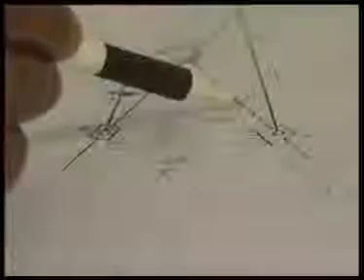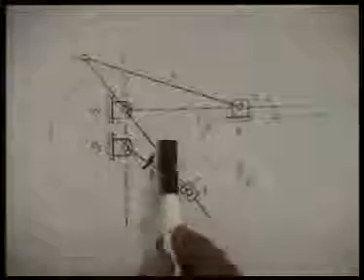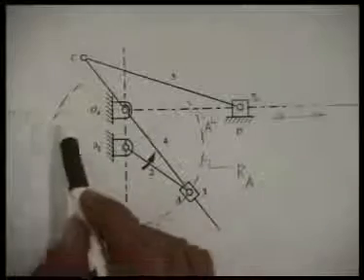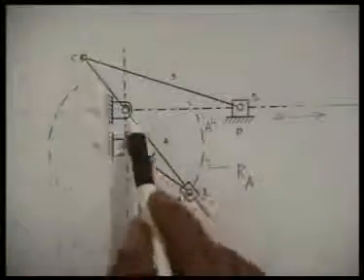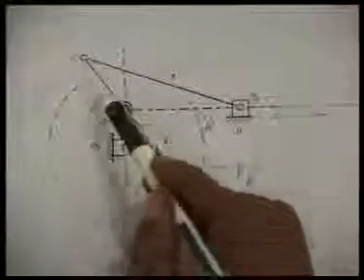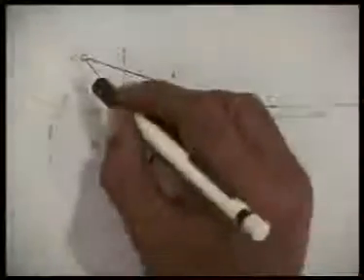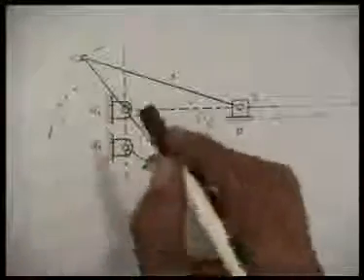Corresponding to this position of A, since A, O4 and C are always on one line, C will also be on this horizontal line and at a distance O4C from O4, because this is also a link length which is not changing. Corresponding position of C, as C moves on this circle with O4 as center and O4C as radius.